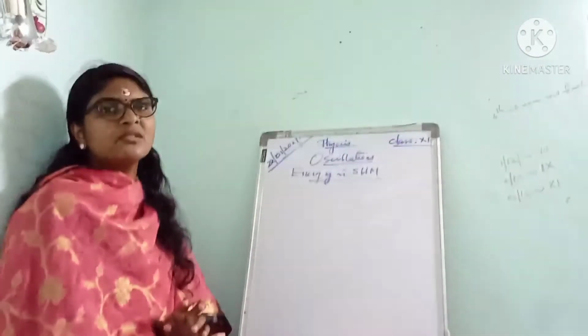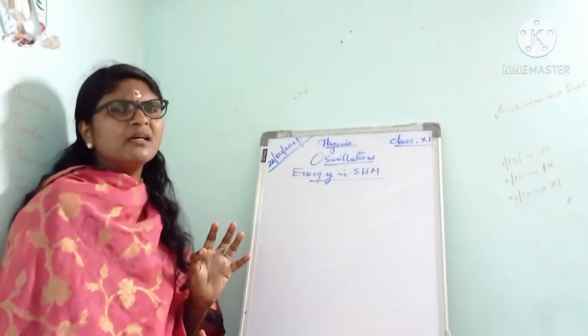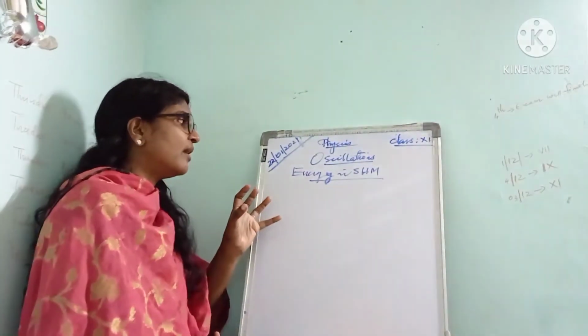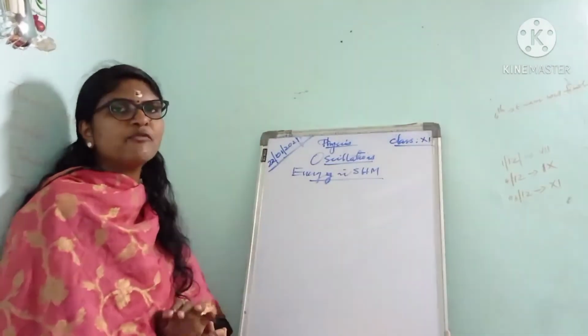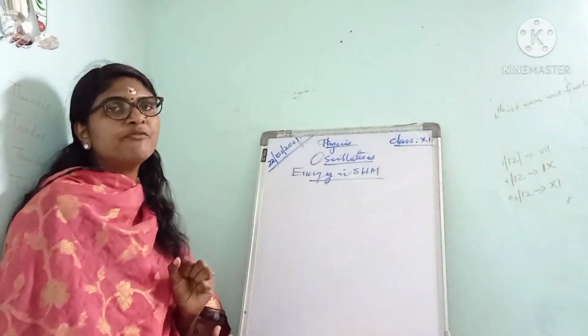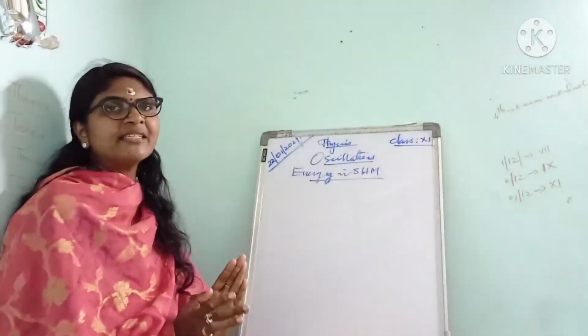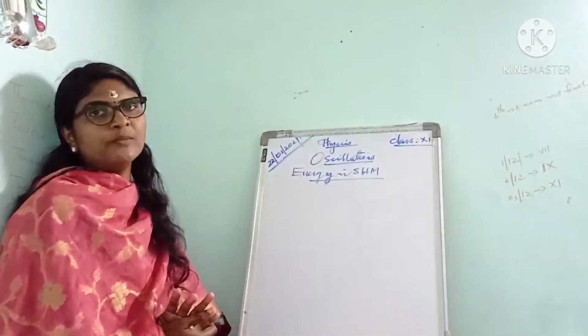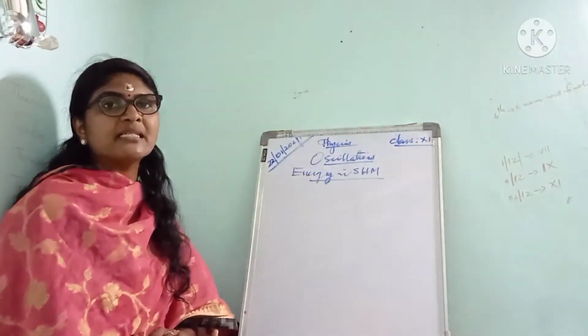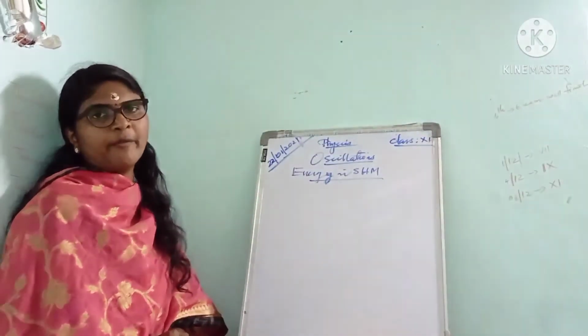So to find the mechanical energy, first we have to find an expression for kinetic energy, and next we have to derive an expression for potential energy. Then after that we have to take the sum of these two, and we will get the energy of the particle that executes simple harmonic motion.